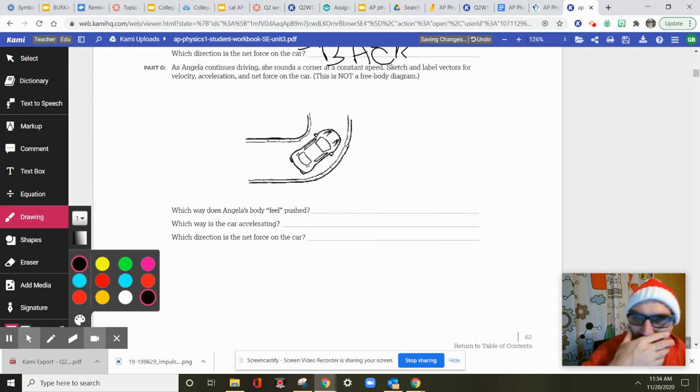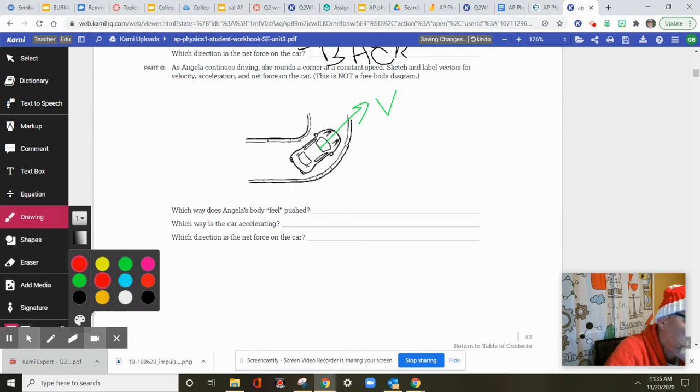All right, now she's driving and she's going around a curve. Let's draw it in, so the velocity is this way.